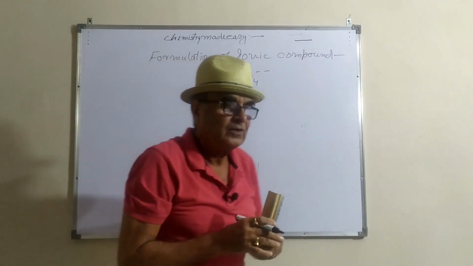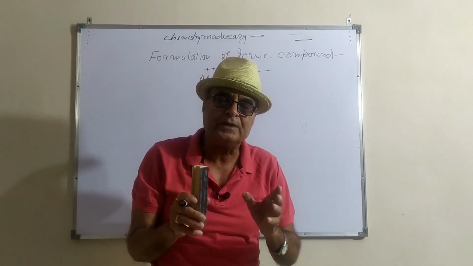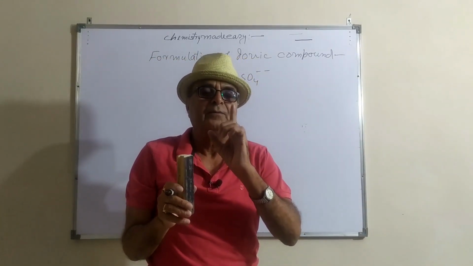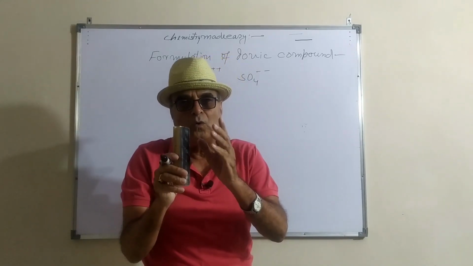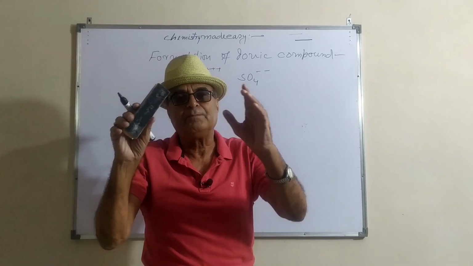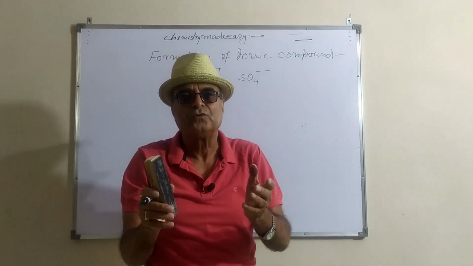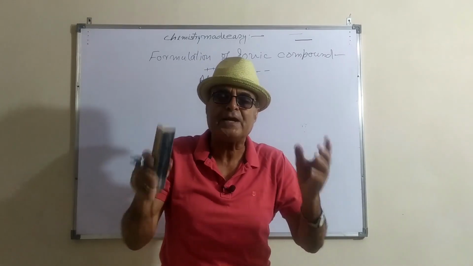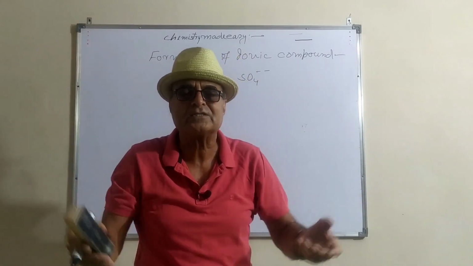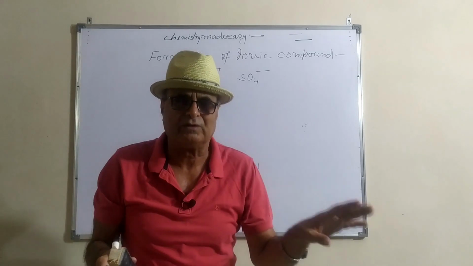So first, why do we cross multiply? Think that all the ionic compounds which you have seen in your chemistry lab, which are packed in glass bottles, are all neutral.